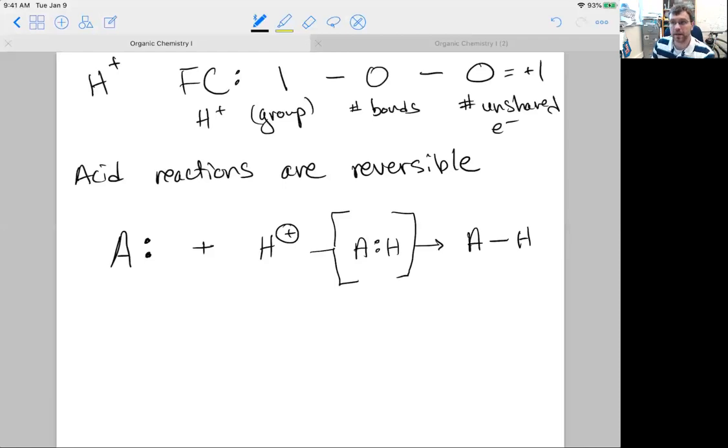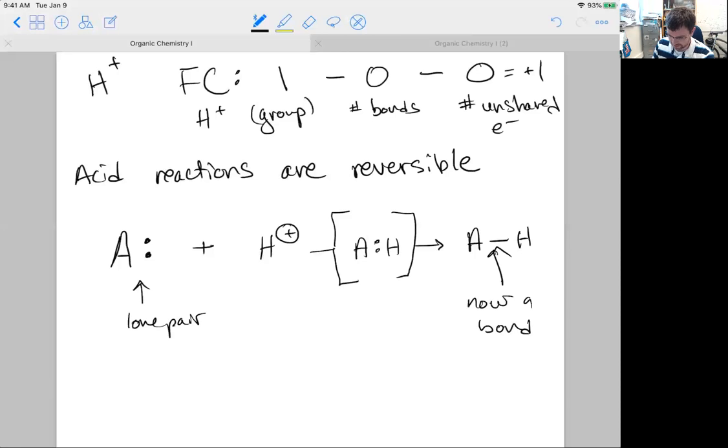Okay? Now, this is our acid reaction that we just saw. A lone pair and its 2 electrons become a bond. Again, this is chemistry. The formation of bonds between 2 elements that were once not bonded to each other.